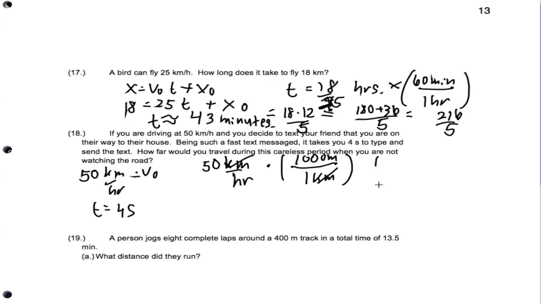And then to convert hours, one more conversion: in 1 hour, I have 60 minutes and 60 seconds in a minute. So this works out to 3,600 seconds. And then that'll be my converted velocity, and I'm going to use that to get my position.